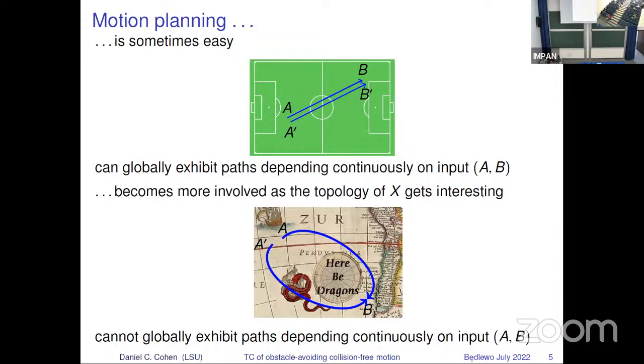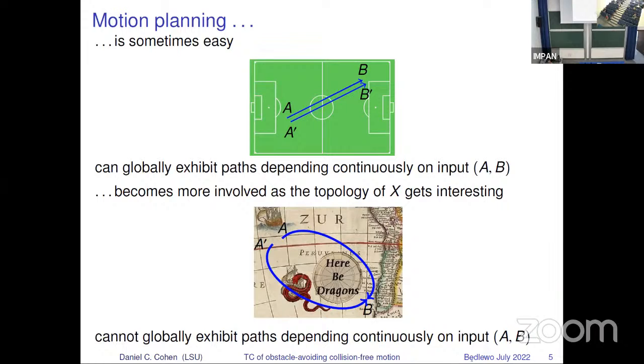This gets more interesting if the configuration space has interesting topology. So for instance, if you are now sailing in the ocean and you would very much like to avoid the dragon, maybe if you're to the, I guess that's the northeast of the dragon, you would like to go from A to B in a counterclockwise way.